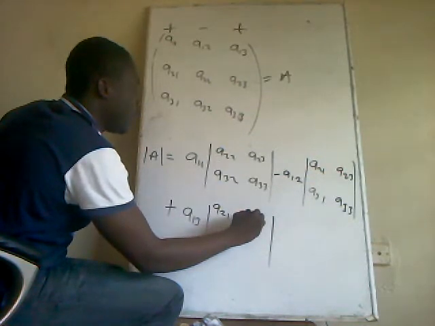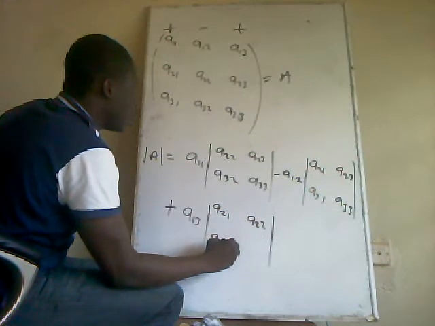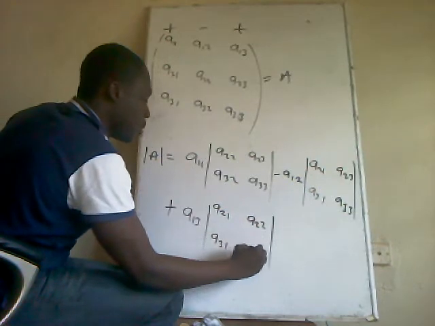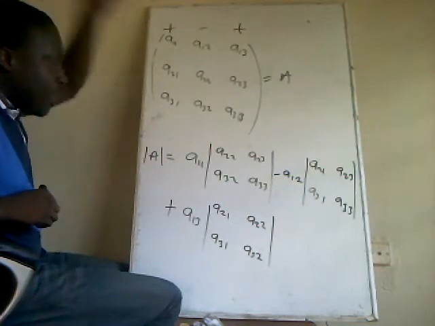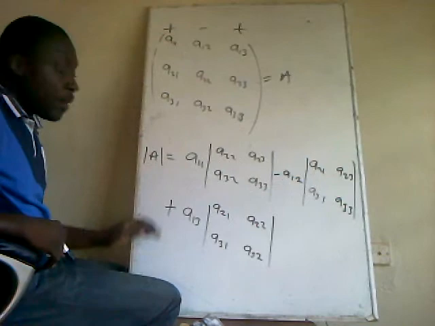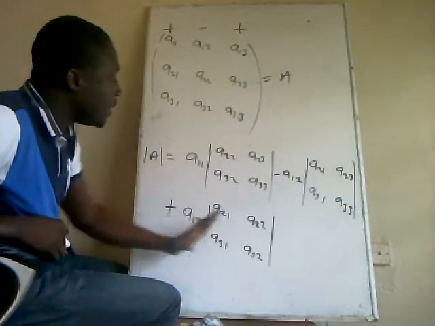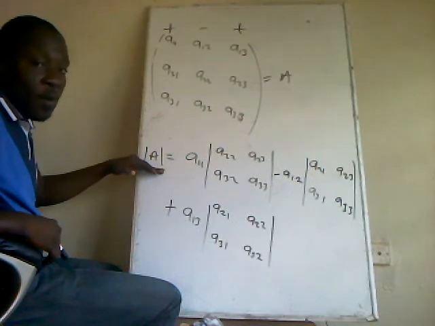A21, A22, A31, A32. Now, we can find the determinant of this 2 by 2, so it's not a problem. By the time we finish with this computation, we would have determined the determinant of A.